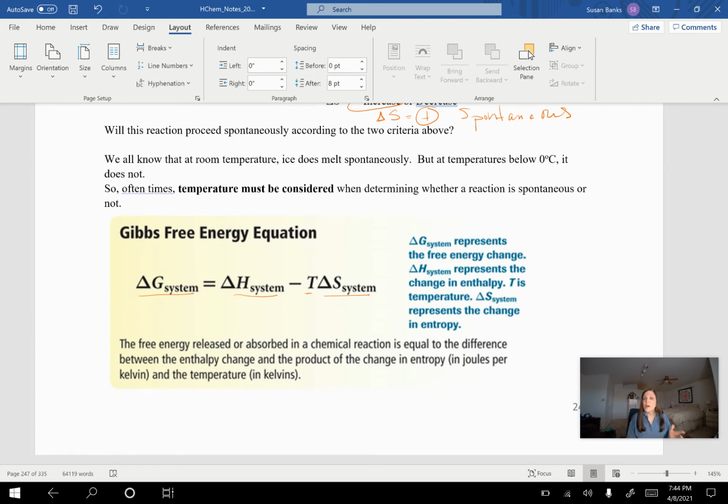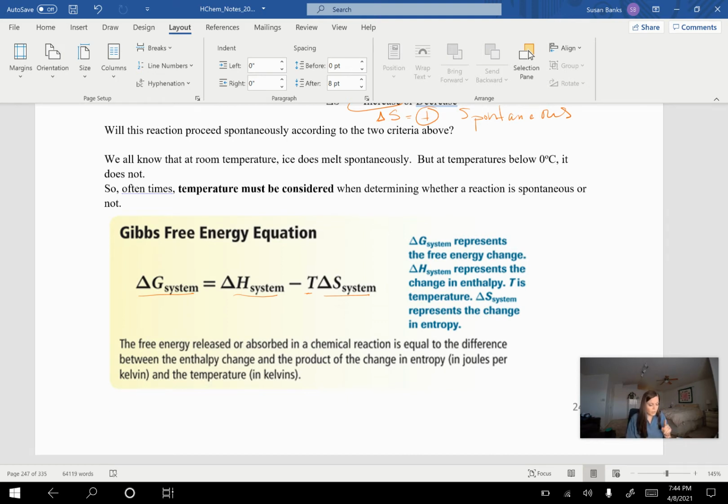Now, we know how to calculate delta H. We've done this before. We kind of know how to calculate delta S: products minus reactants. I'm usually going to give you the delta H and the delta S. So really, you just have to put it together. You're not going to have to calculate from scratch.